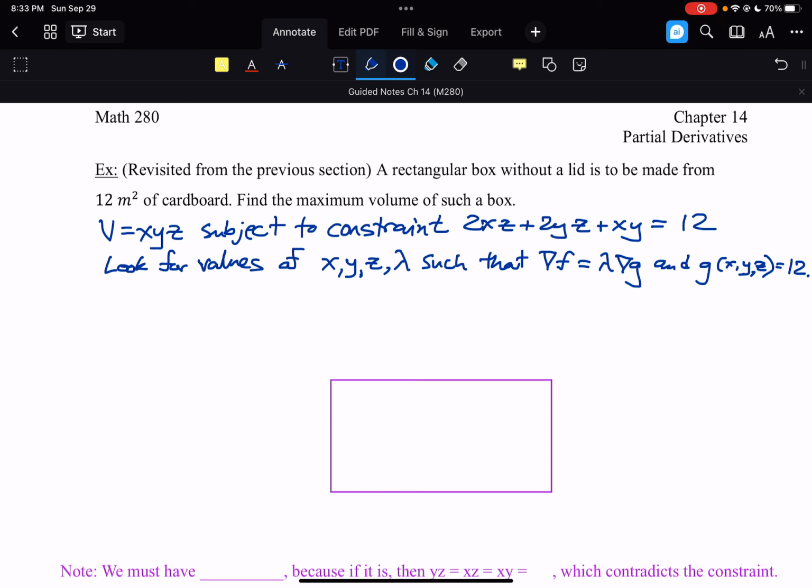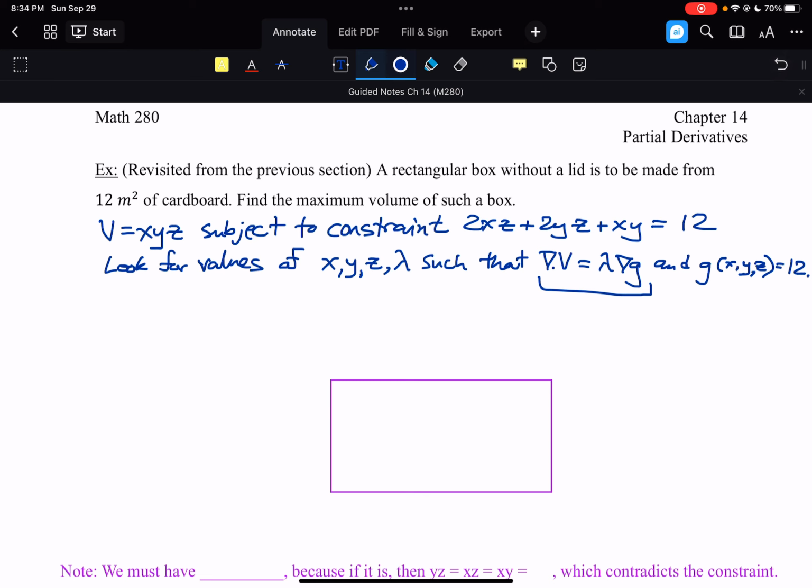And now if we want to solve this, so grad f equals lambda grad g, we know that the gradient vectors are just vectors whose components are the partial derivatives, right? So in this case, actually, let me call this grad v, just so that we're consistent, because I'm calling this function v here.